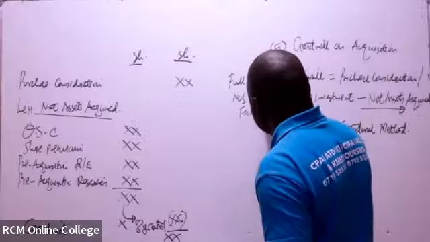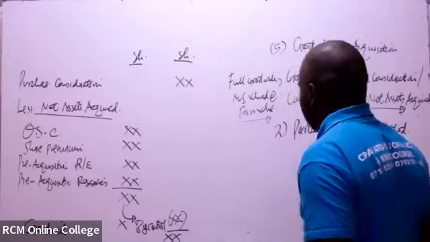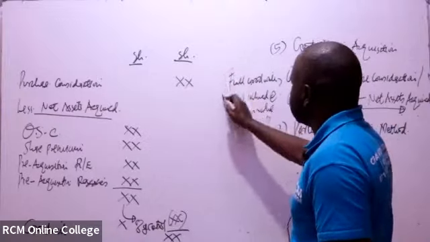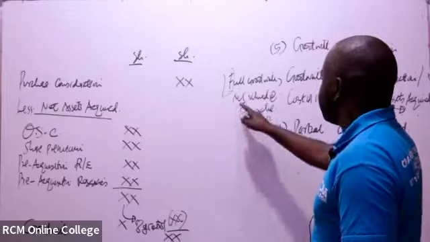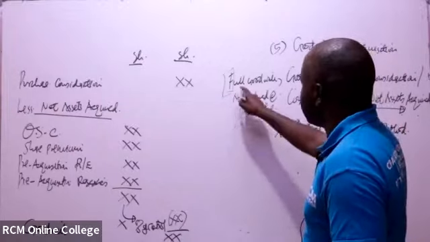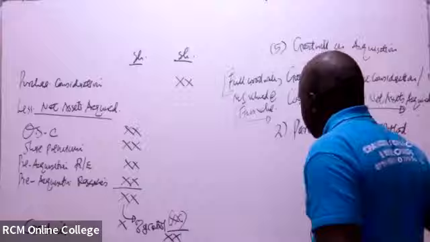When you see this statement, don't think twice. He wants you to use the full goodwill method. F, full fair value. He wants you to use the full goodwill. Don't think twice.